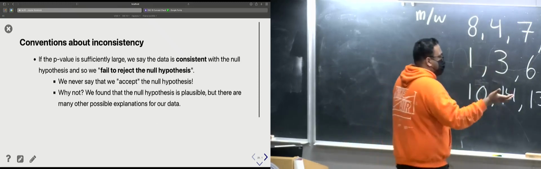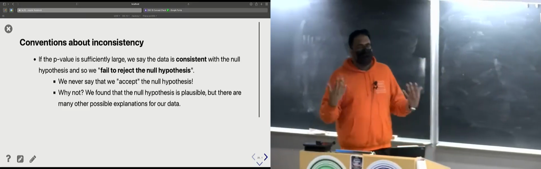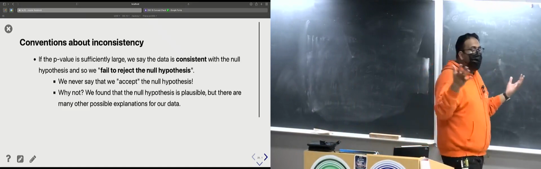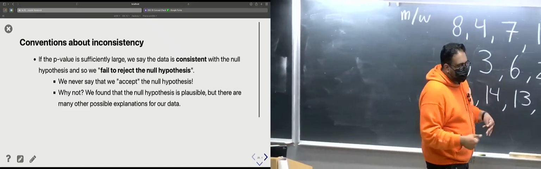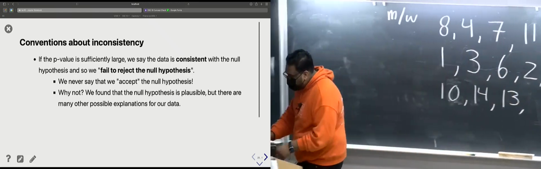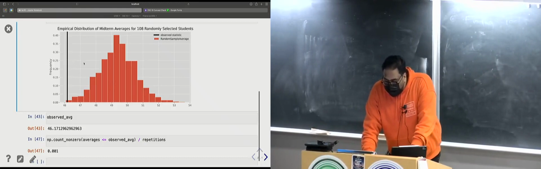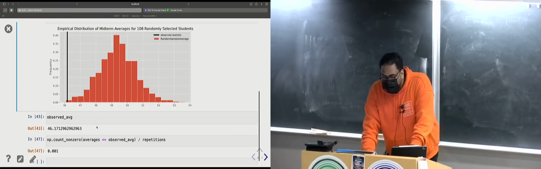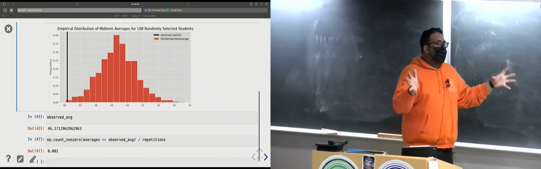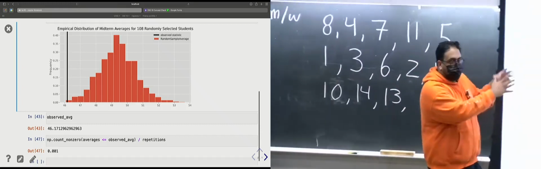Okay, but anyways, if the p-value is sufficiently large, if it's above some cutoff, well then it doesn't seem all that much of a stretch that the null hypothesis is true, right? For instance, if we go back here, and this black line was, say, at 48, and our p-value was like 15%, it wouldn't seem all that unlikely that our section's average did come from this distribution.